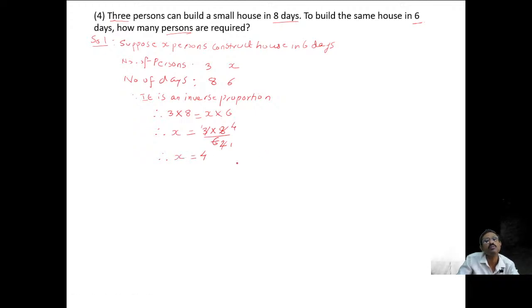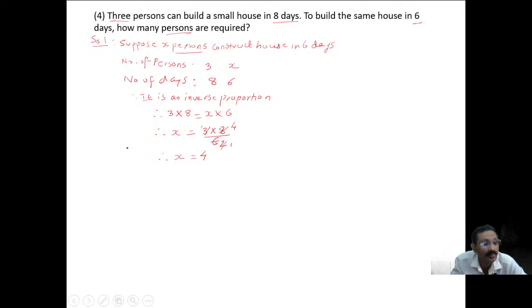But have you seen what this x is? What did we suppose this x to be? This x was supposed to be the number of persons required to construct the house in 6 days.